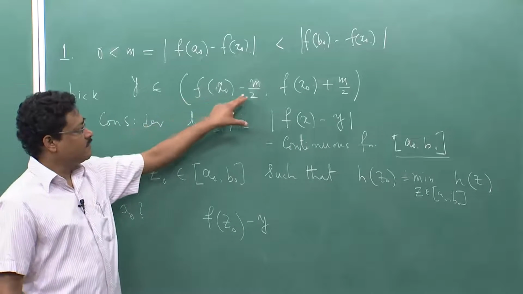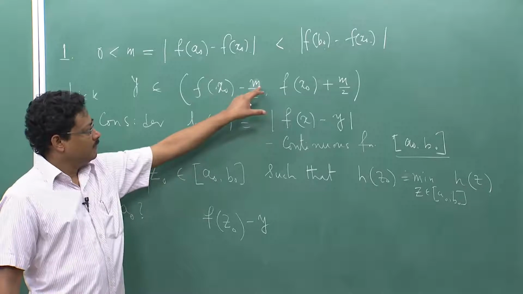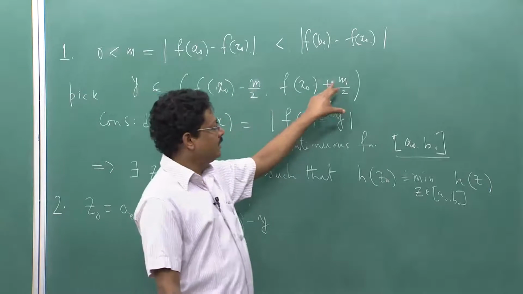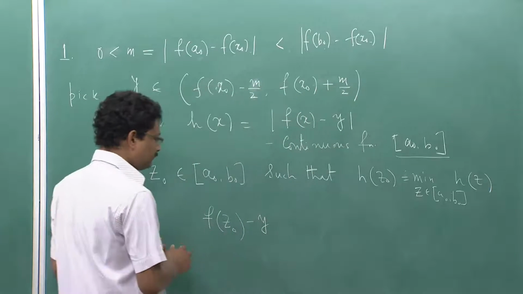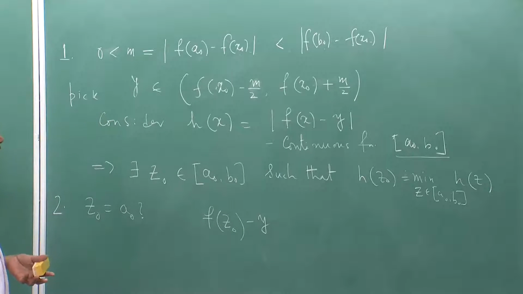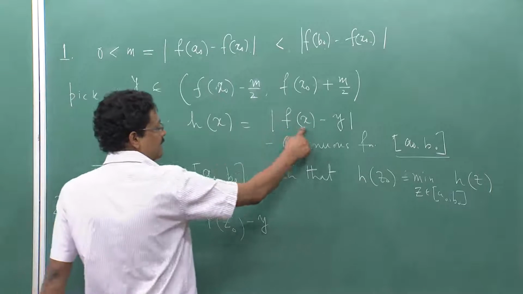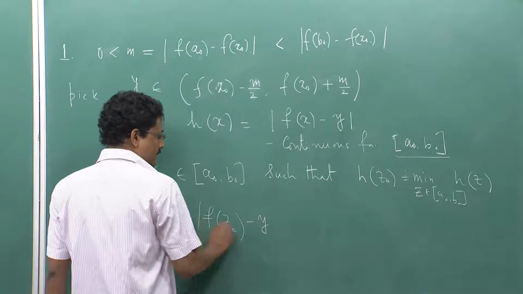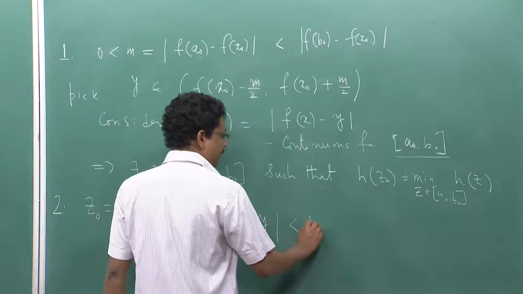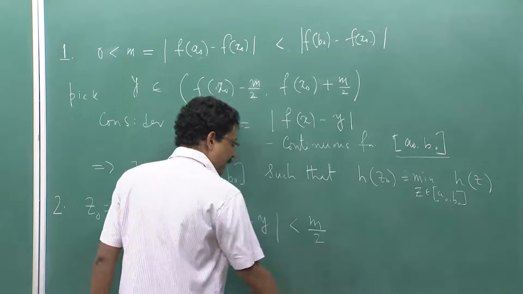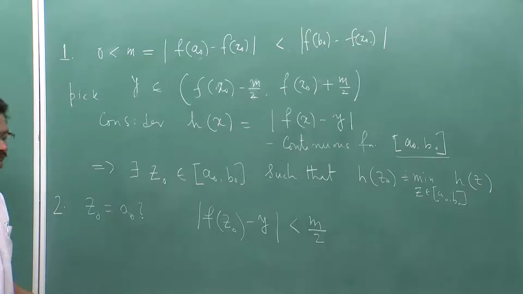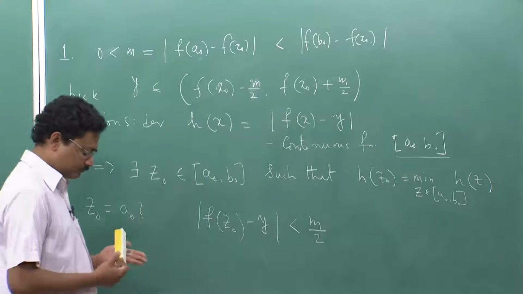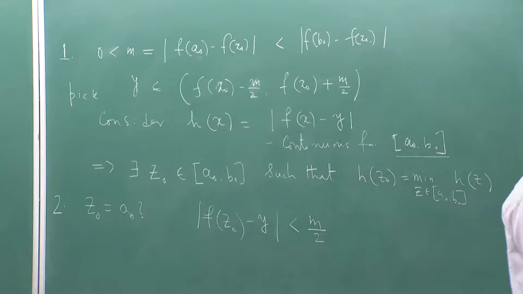In between f x naught minus m by 2 and f x naught plus m by 2. So h of x is f x minus y, and f of z naught minus y, this value is less than m by 2, correct?